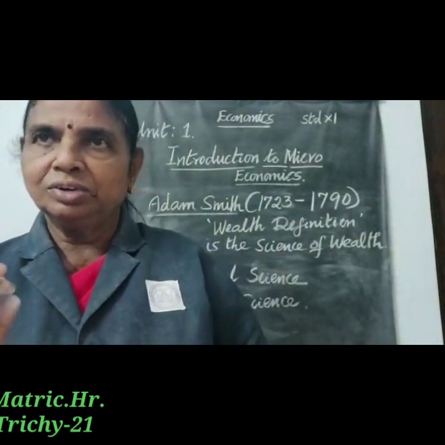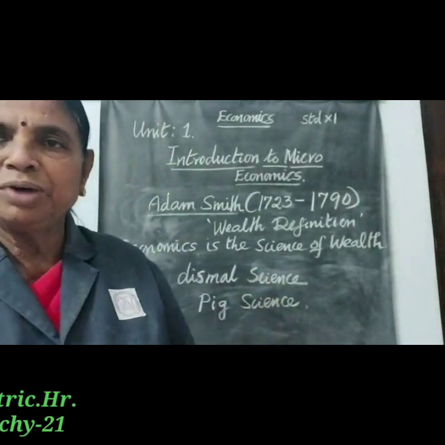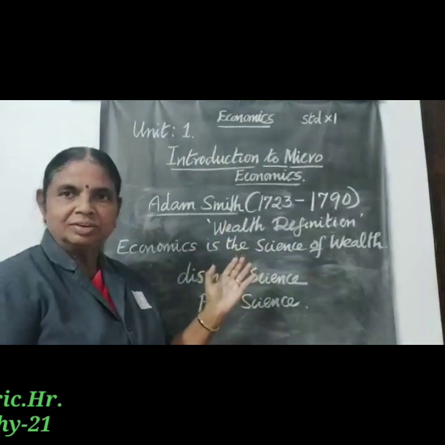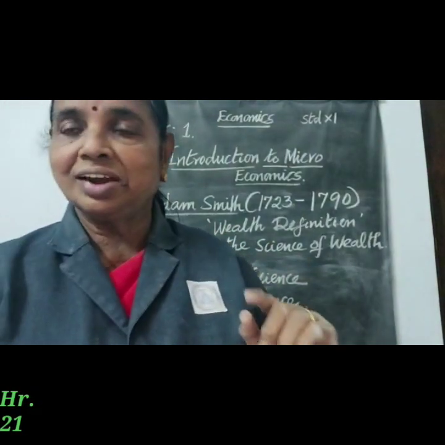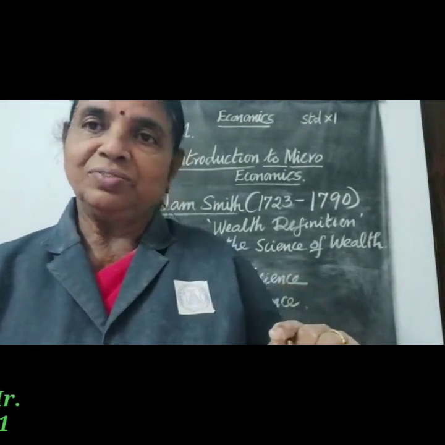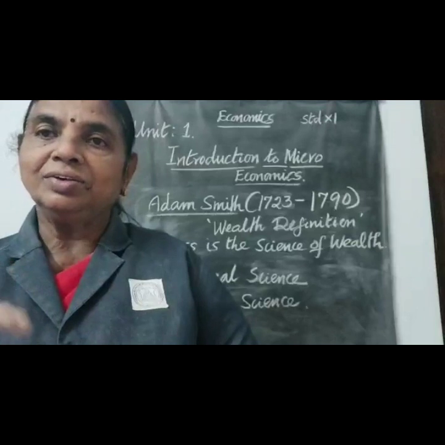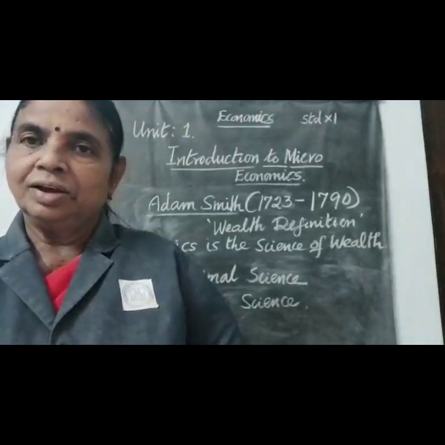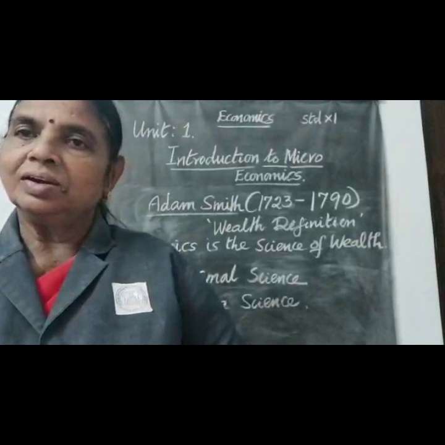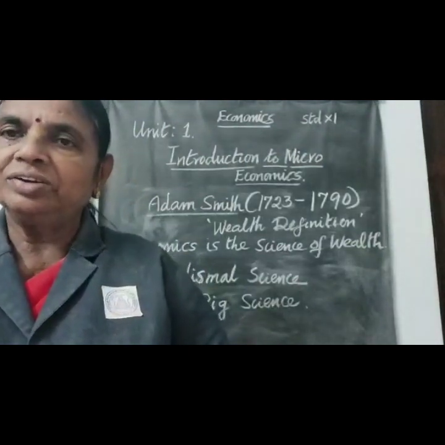But still we have to remember that the first wealth definition was given by Adam Smith. Alfred Marshall was another economist who criticized Adam Smith's wealth definition and gave another definition called the welfare definition. Let us learn Alfred Marshall's welfare definition in the next class.